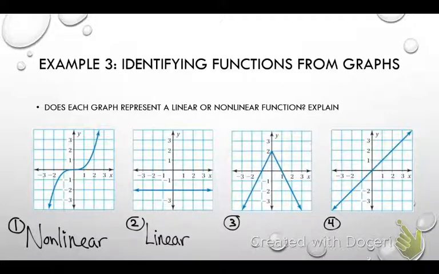Yeah, but it has to be a continuous straight line. This is not linear. That's why we put that one on there, just to clarify that. And last but not least, what do you think about number four? Linear, definitely. Any other questions?